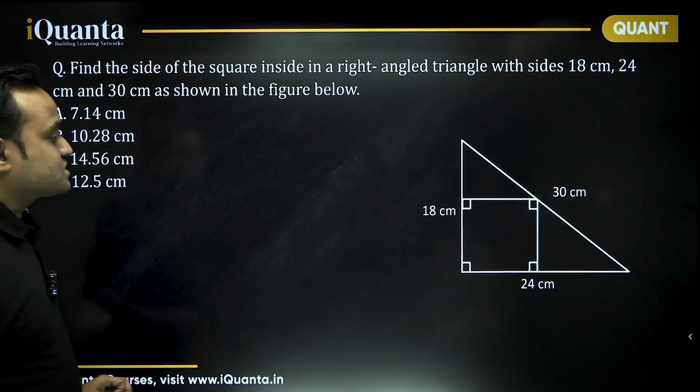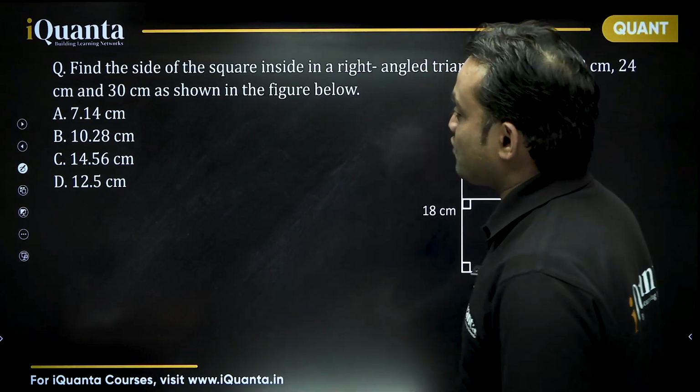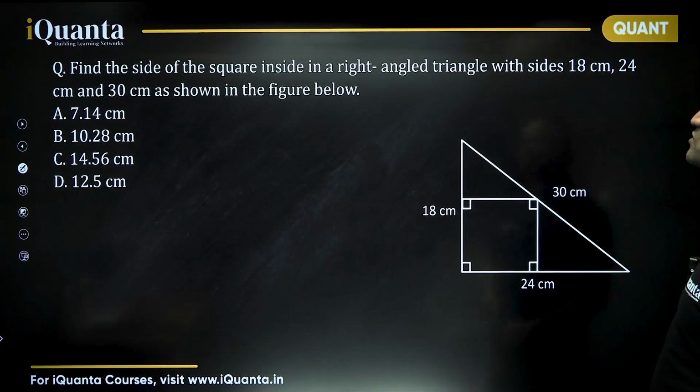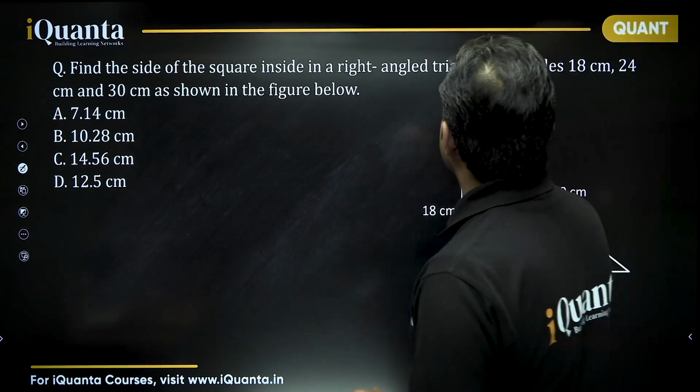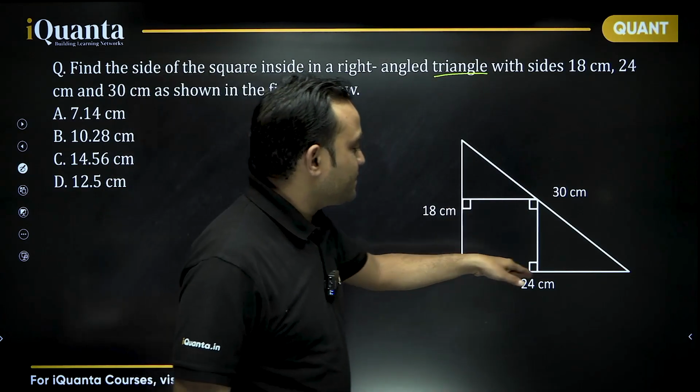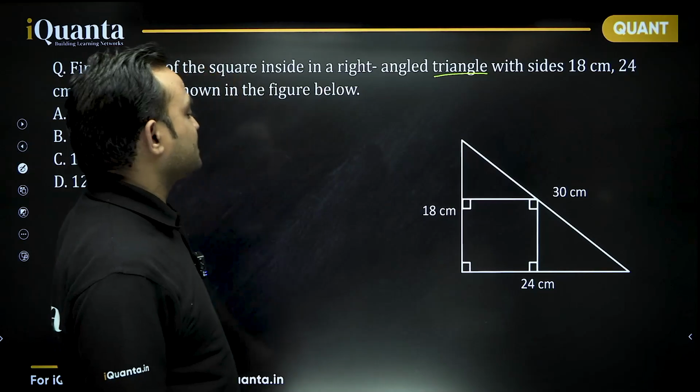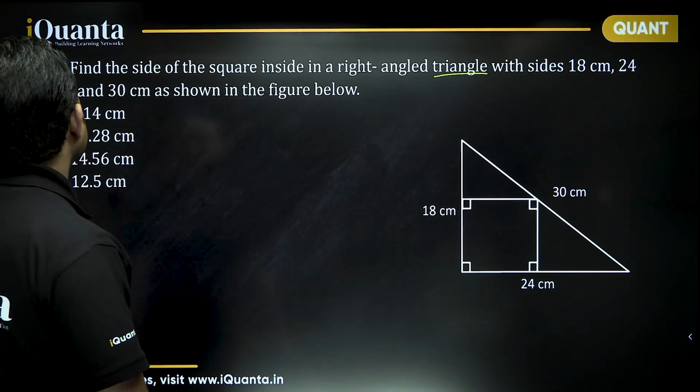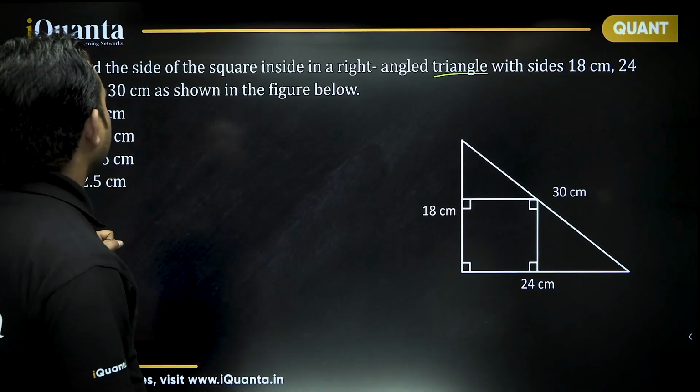Now another question based on square, it says find the side of the square inside a right angle triangle with sides 18 centimeter, 24 centimeter and 30 centimeter is the hypotenuse as shown in the figure below.